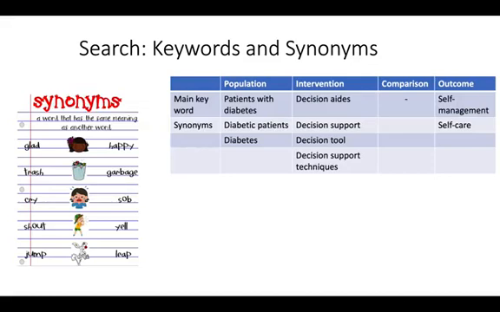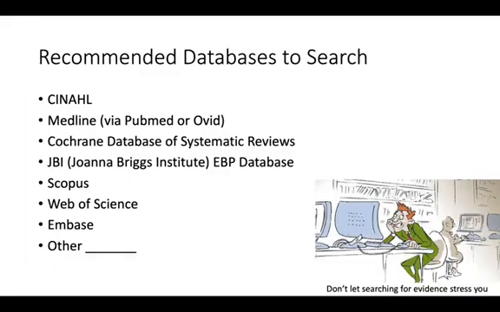Now, word to the wise, you are not going to search with all of these keywords because it'll be very challenging. So let's go to the next slide and start with what databases you should be searching in for evidence to support your practice. So CINAHL is the Cumulative Index for Nursing and Allied Health Literature.